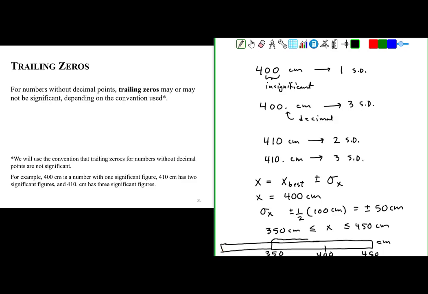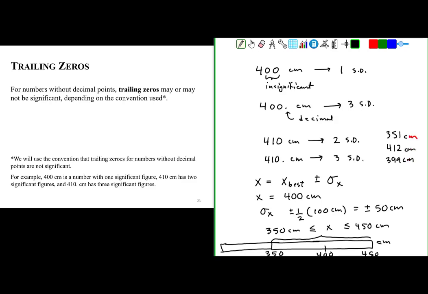Our uncertainty means that our true value is somewhere in that range. We don't know if the true value is 351 centimeters, or 412 centimeters, or 399 centimeters. Those different values all are within our uncertainty.